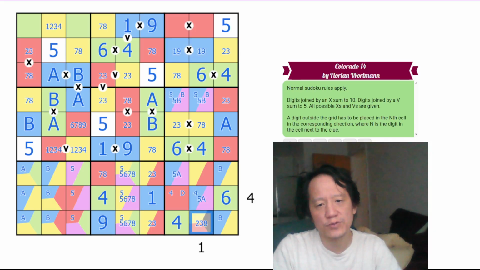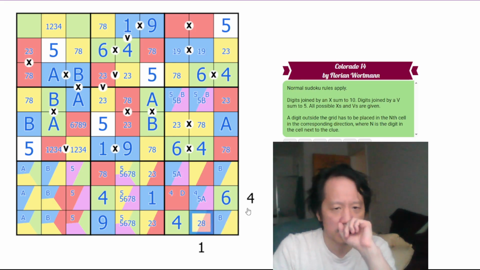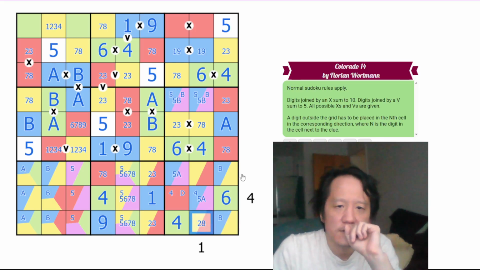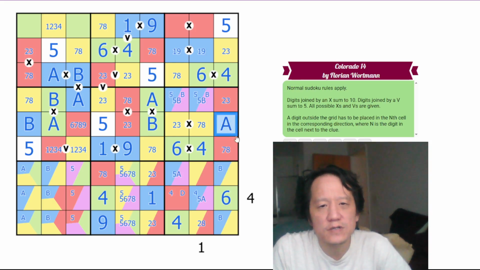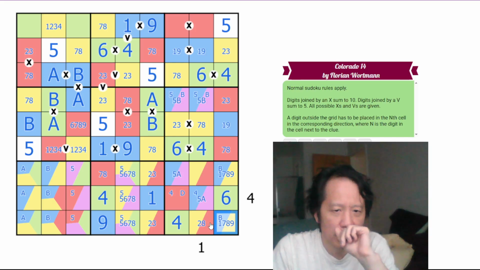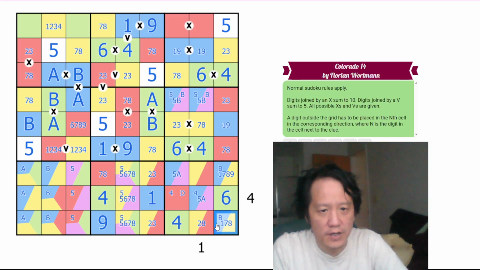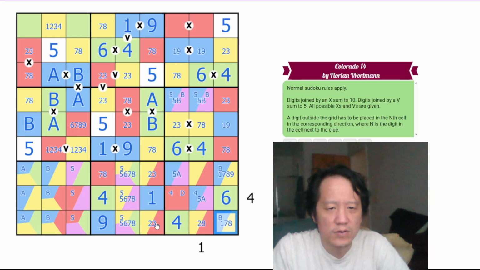So this can't be 3. This is 2 or 8. Here we have what? This is 1 or 9 here. And this must be 1, 7, 8, or 9, right? Cannot be 9 here. This can't be 6, obviously. 6 is one of these two. So far, it's looking kosher.